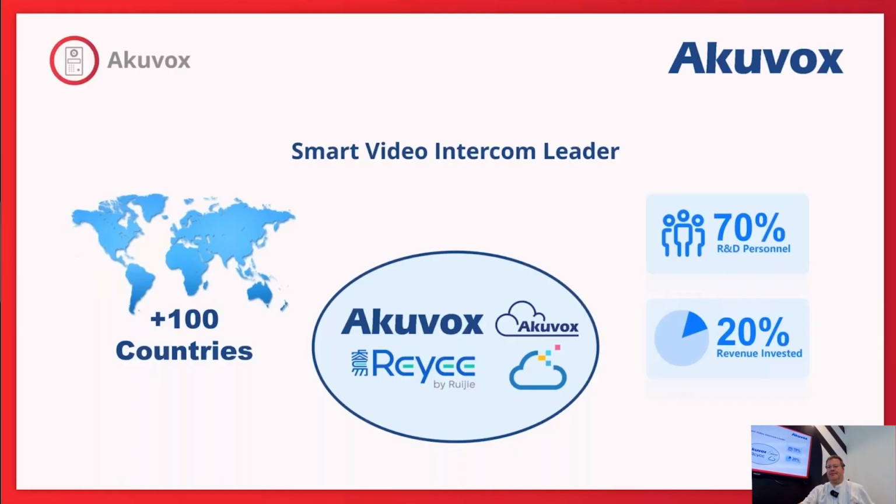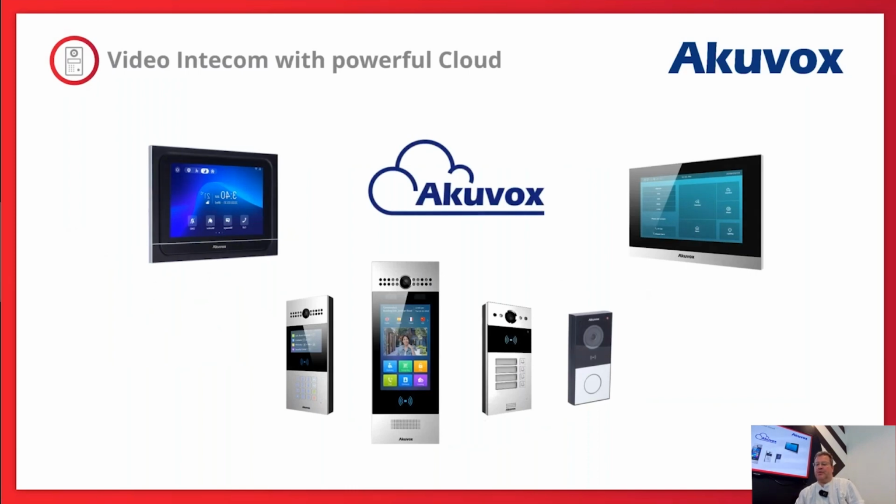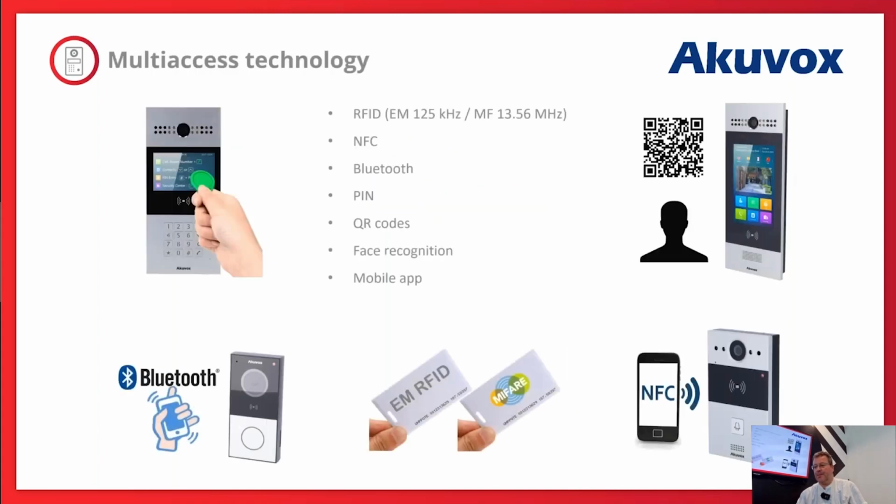So what do we have? We have monitors. We have different types of monitors. I will explain that later in the slideshow. We have different types of door stations, from simple to advanced ones.